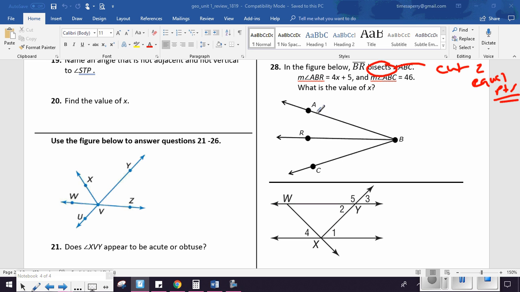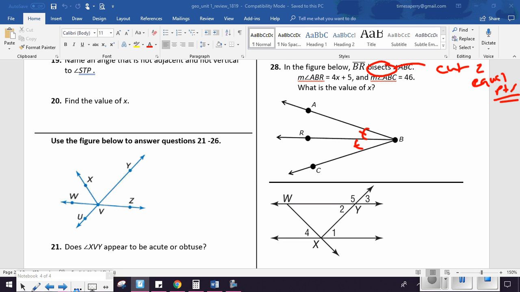So angle ABR, this angle up here, is congruent to angle RBC, this angle down here. When we show congruent angles, we put a little arch in the corner where the vertex is. Sometimes you also see it with an arch and a tally, but most commonly it's just the arch on its own.